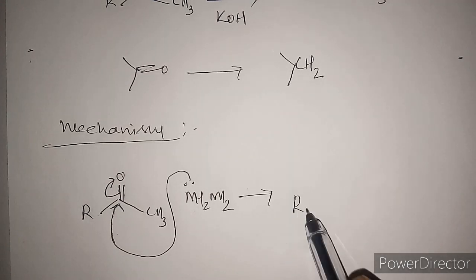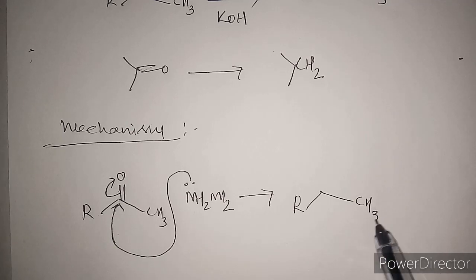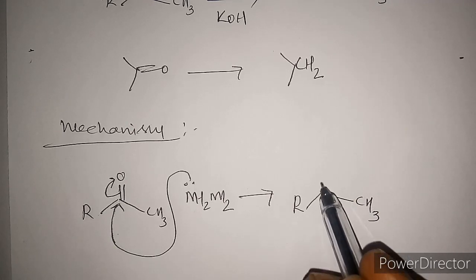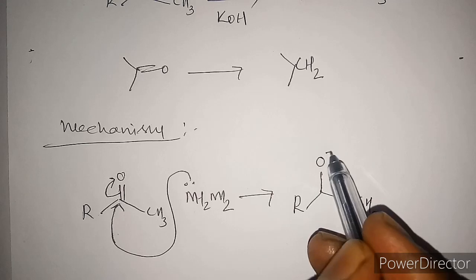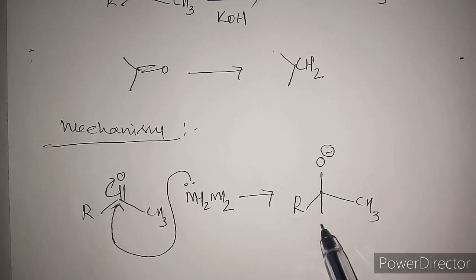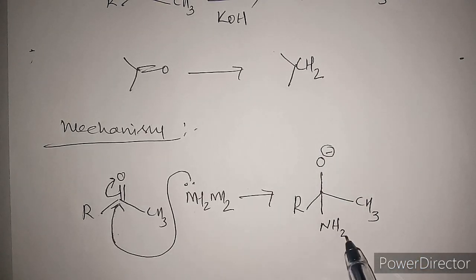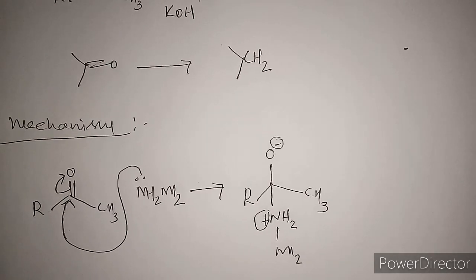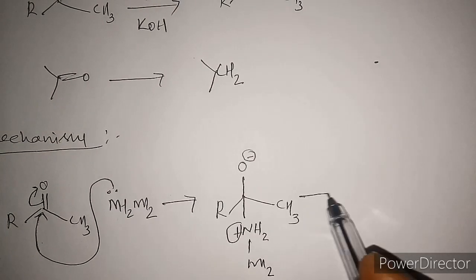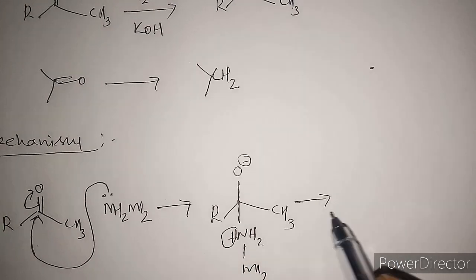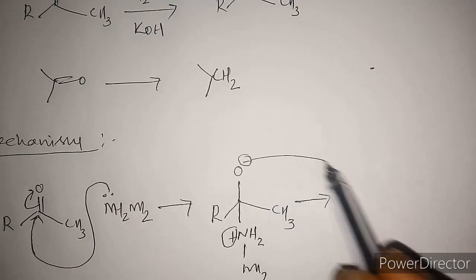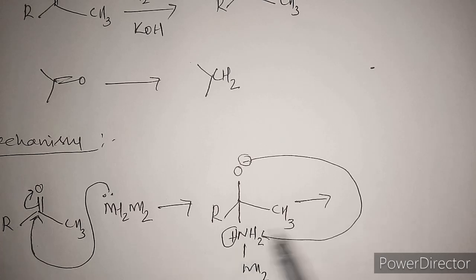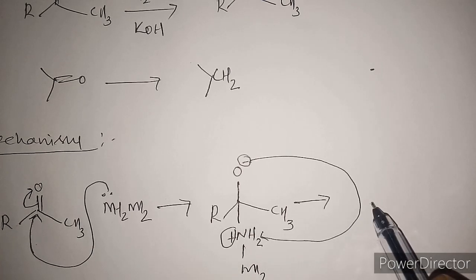So we'll get R, CH3. Here we have O minus, and here we have a newly formed bond, NH2. So this is plus because it has one more bond. There are 4 bonds, that is why it gets a positive charge. Now this negative charge abstracts a proton and neutralizes the positive charge.